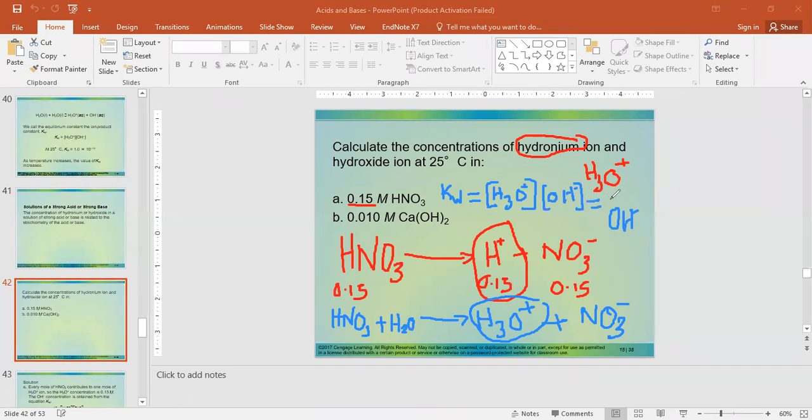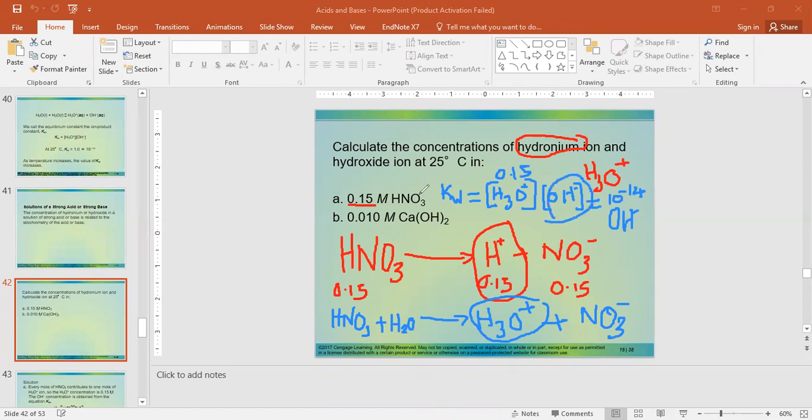And this is supposed to be 10 to the power minus 14 at 25 degrees Celsius. Therefore, if you have already established the concentration of the hydronium ion, which is 0.15, then you divide both sides by 0.15 so that you can get the concentration of the hydroxyl ion.